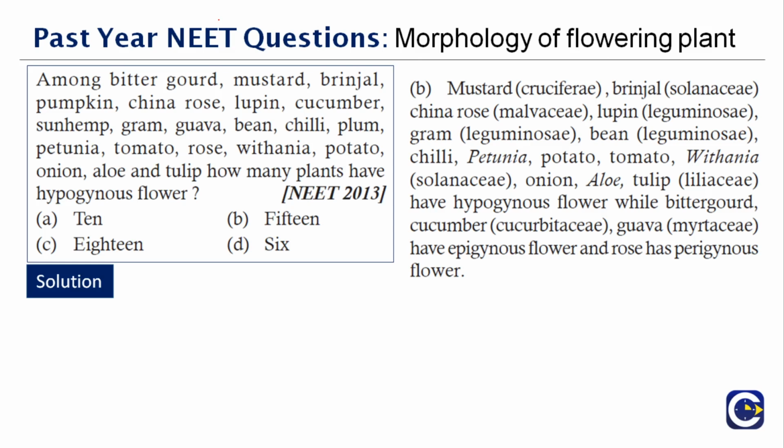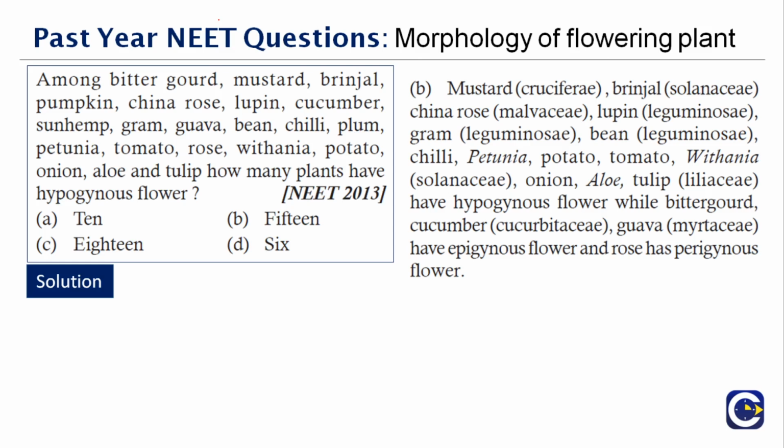Okay, so how many belong to this? I mean, the overall group that is given here, just count. You have 1, 2, 3, 4, 5, 6, 7, 8, 9, 10, 11, 12, 13, 14, 15, 16, 17, 18, 19, 20. You have about more than 20 plants given here, and you need to find out how many are hypogynous. Here, 15 are said to be hypogynous.